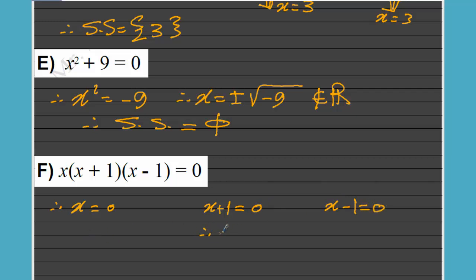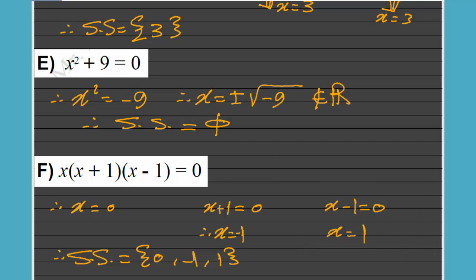So here we have x = −1 and x = 1. So we have three values of x that make the left hand side equal 0. It means the solution set equals {0, −1, 1}.